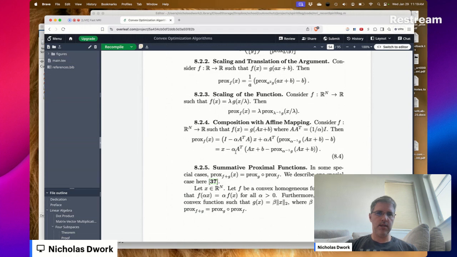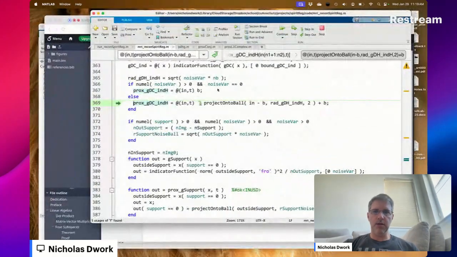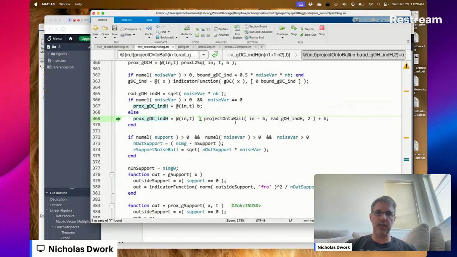N minus X plus B minus... okay, so another projection of the L2 norm: the indicator function for the L2 norm is projection onto a ball at the location 0.